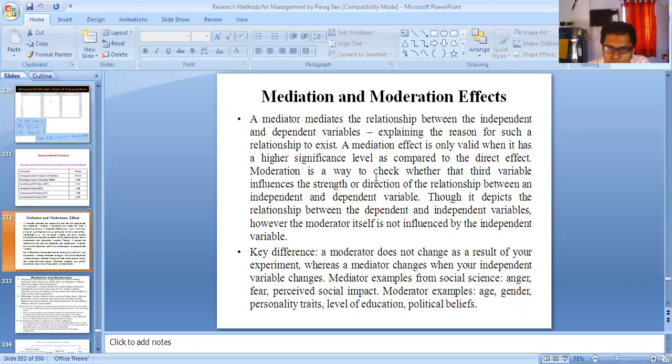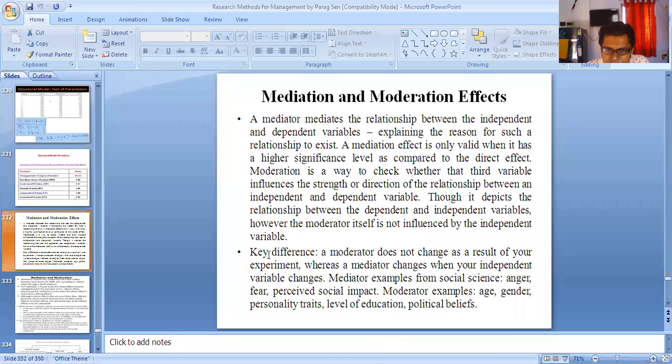Moderation is a way to check whether a third variable influences the strength or direction of the relationship between an independent and dependent variable. Though it depicts the relationship between the dependent and independent variable, however, the moderator itself is not influenced by the independent variable.